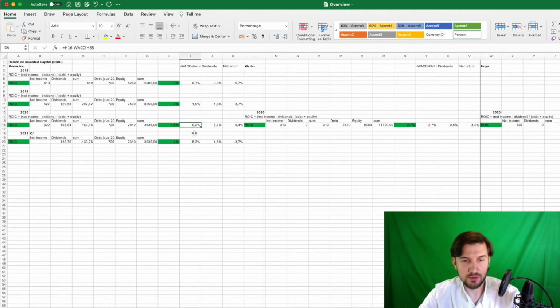We of course need to consider that we have dividends, and the dividends paid in 2020 were 5.7%. If you consider dividends combined with the net return on invested capital, you basically sum them together and you get a return of 5.4% for year 2020. It means you got dividends, but return on invested capital minus weighted average cost of capital was negative.